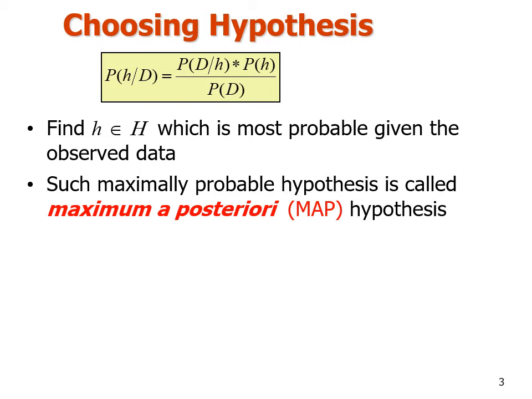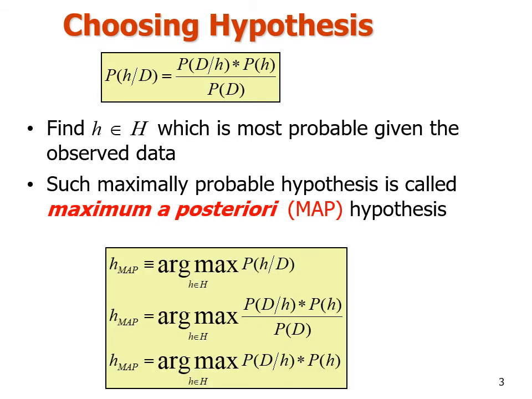So more precisely, if we try to find H MAP, that is the maximum a posteriori hypothesis, we can formally write down the mathematical expression as follows. H MAP is equal to argmax of probability of H given D for all hypotheses H in the hypothesis space capital H. So what do we mean by this?